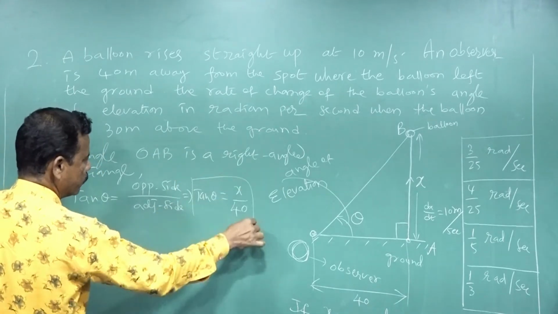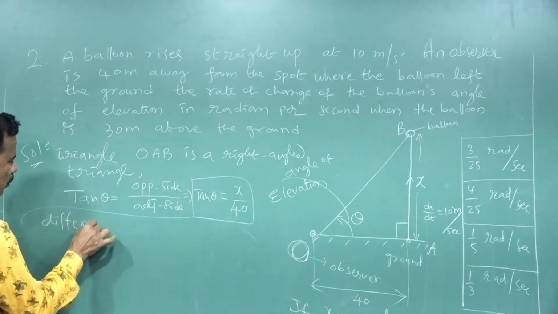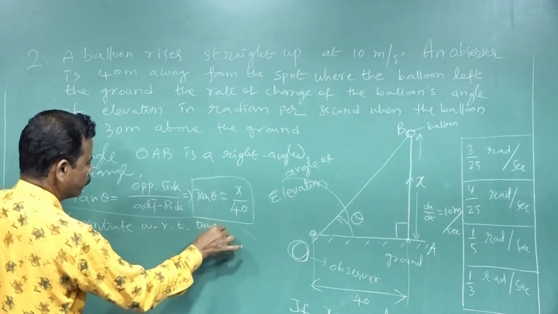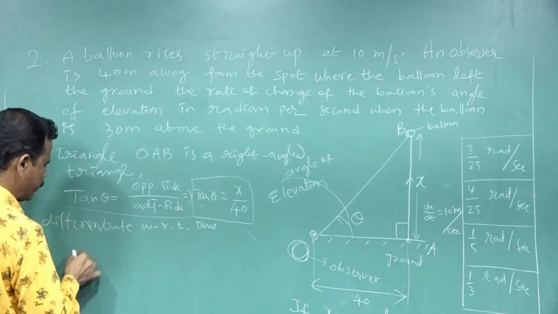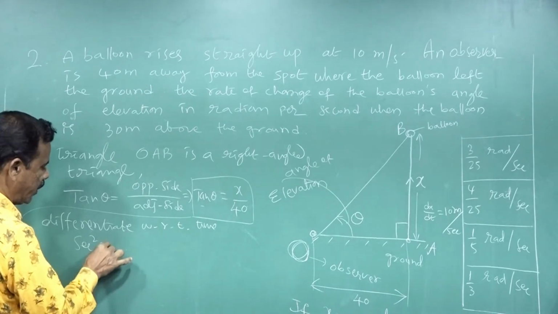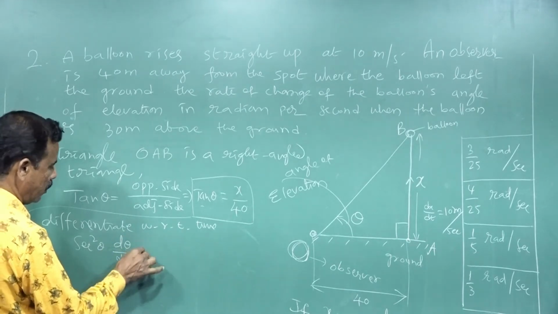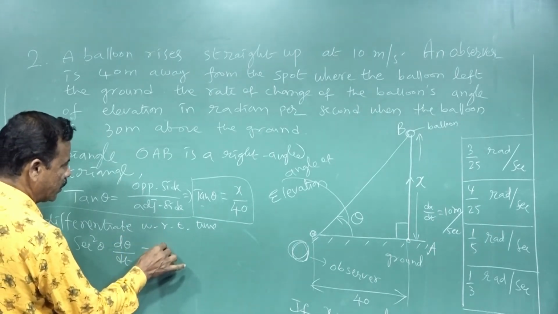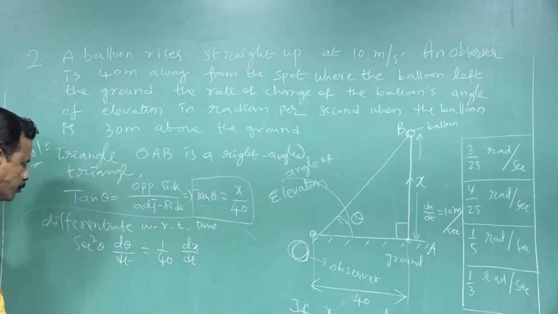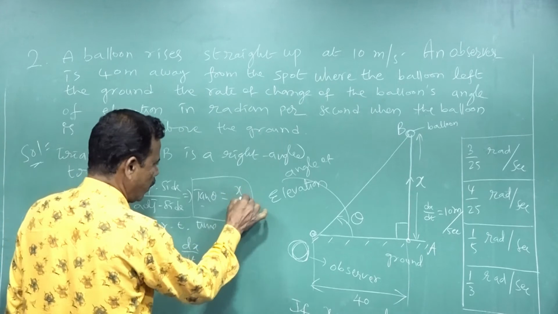From this relation, we differentiate with respect to time. Tan theta differentiation gives secant square theta, and theta differentiation with respect to time gives d theta by dt. After that, x by 40: 1 by 40 is constant, and x differentiation gives dx by dt. Now tan theta is equal to x by 40.